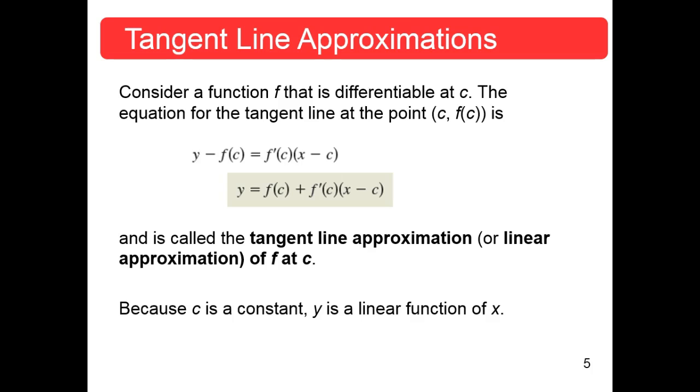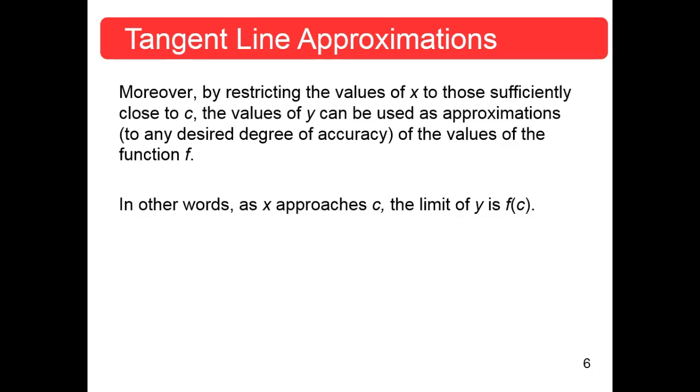Now, because y is a linear function of x, this is an approximation, whereas the function f is probably not a linear function. It's more than likely curvilinear, which means it's changing a little bit differently than this is.